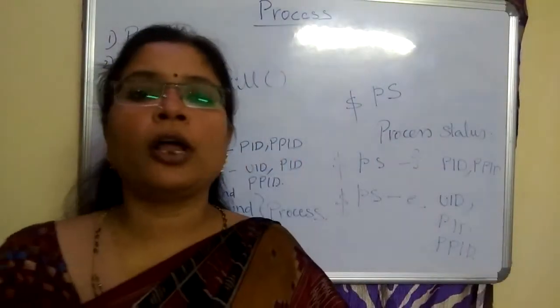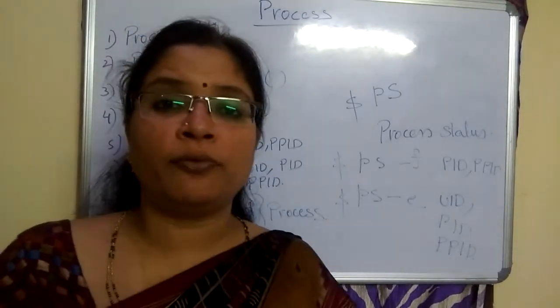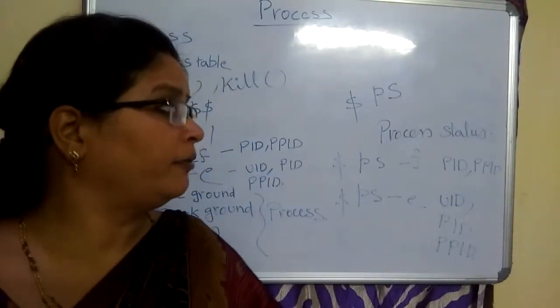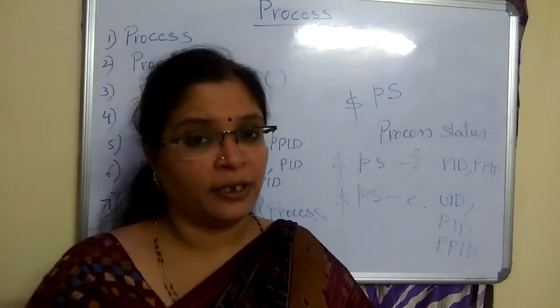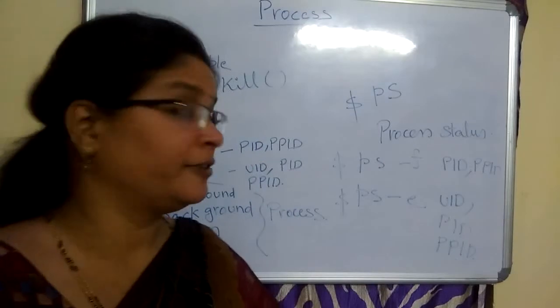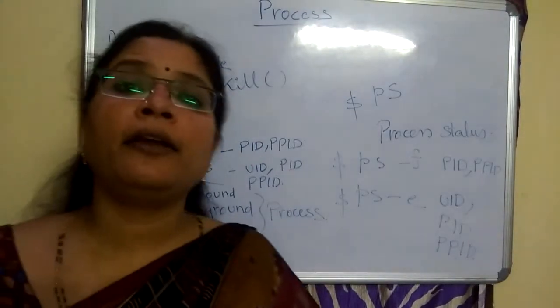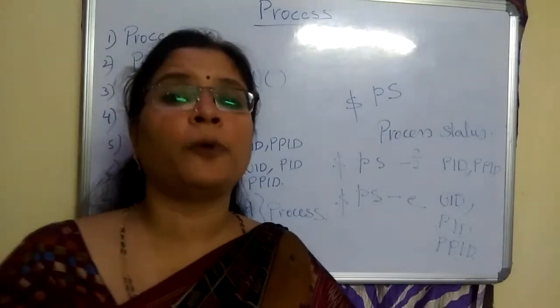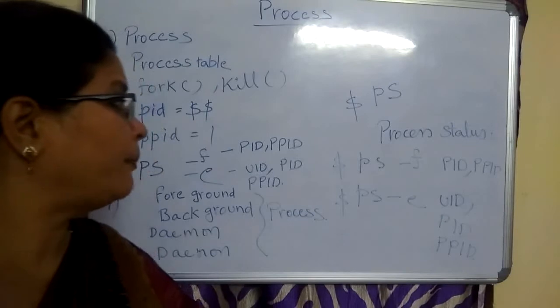Now we are going to talk about the PS command. In the Linux operating system, there is only one command which gives the entire information regarding the processes, called PS. PS stands for process status. What is the meaning of process status? It gives the entire information regarding the currently running processes within the Linux operating system. It has two options.